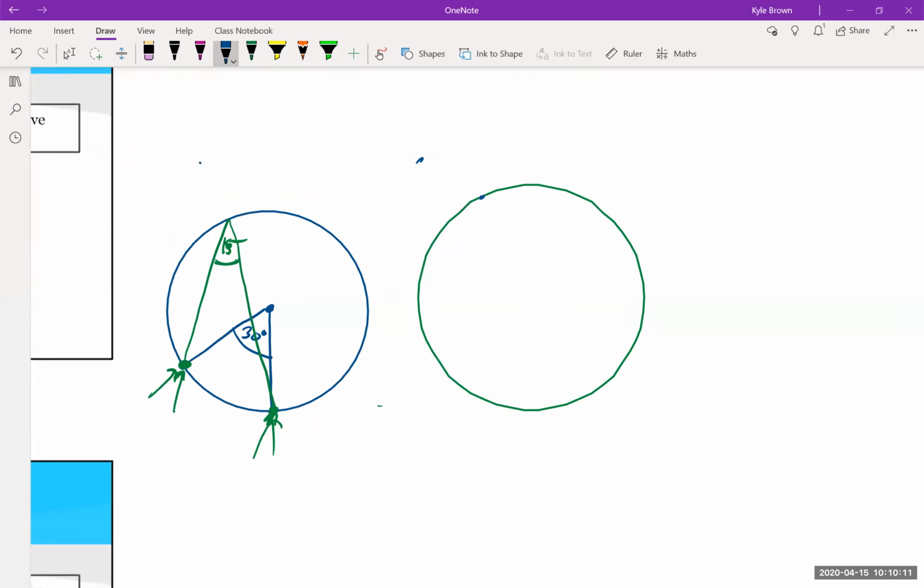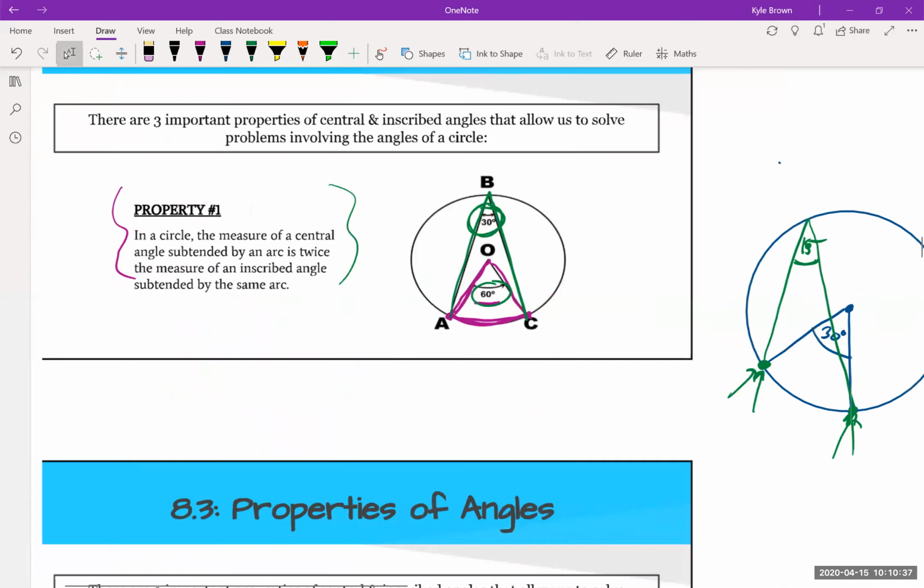Let's say you had the same type of question, but it was something like this. This is actually the same thing, but it's kind of harder to see for some reason because it's upside down. So there's my central angle, and there's my inscribed angle. So this could be 30, and that would be 15. Okay. All right, so that's property number 1.